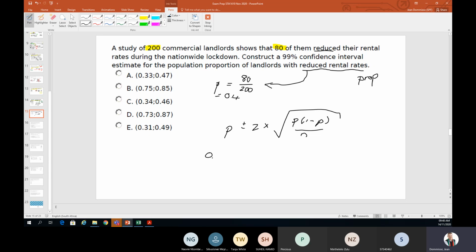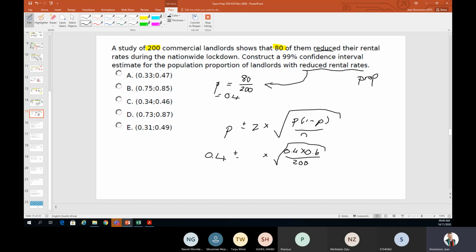So it's going to be 0.4 plus minus, the Z we're still going to calculate now, 0.4 times 0.6 divided by 200, and the square root of that. Okay, so let's go through the options.